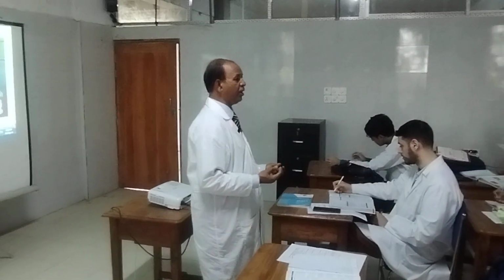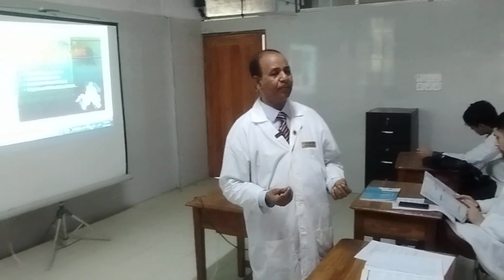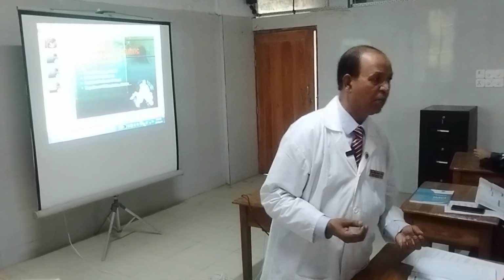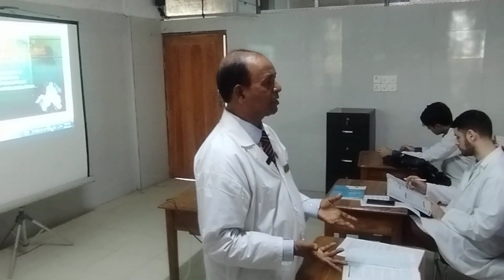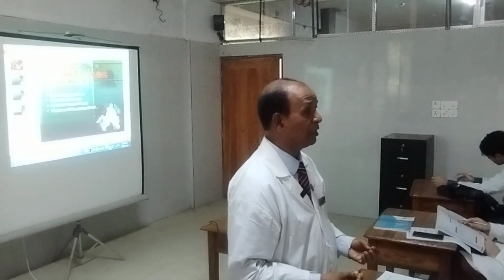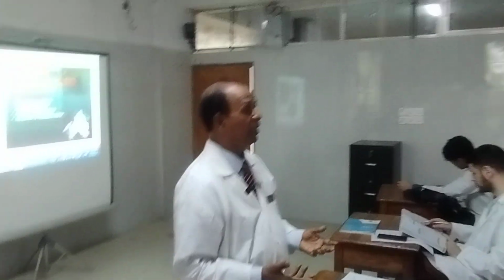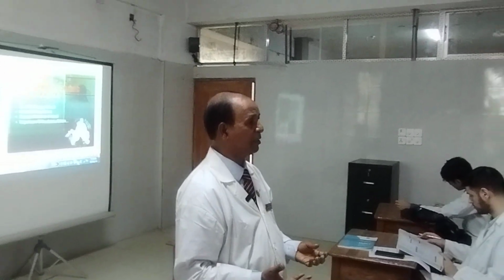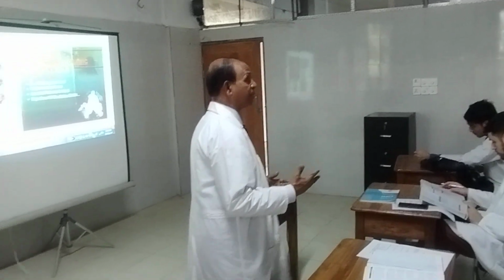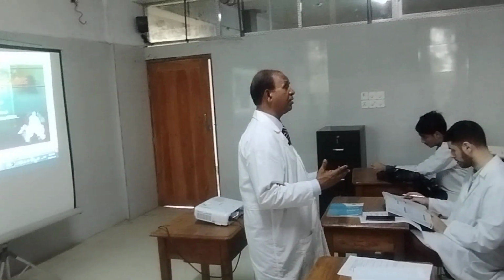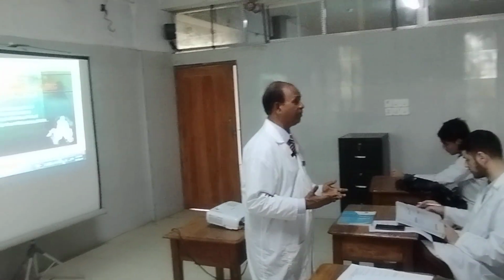Next, give prednisolone, 1.5 to 2 milligram per kg of body weight per day for several weeks. Next, give cytotoxic drugs like azathioprine, then cyclophosphamide. Other immunosuppressive drugs should be given for idiopathic thrombocytopenic purpura.